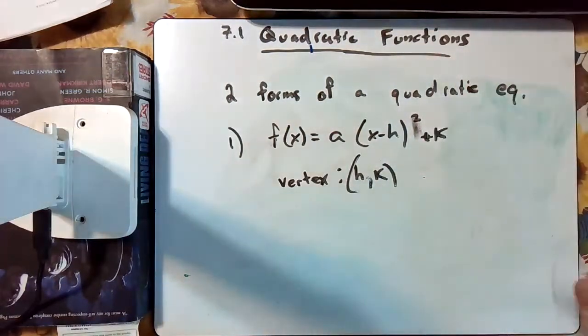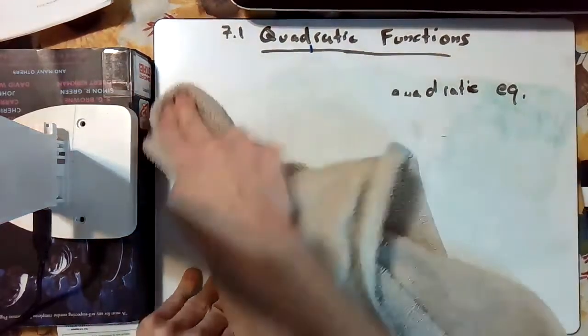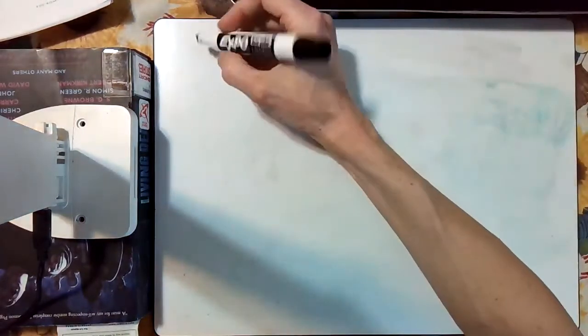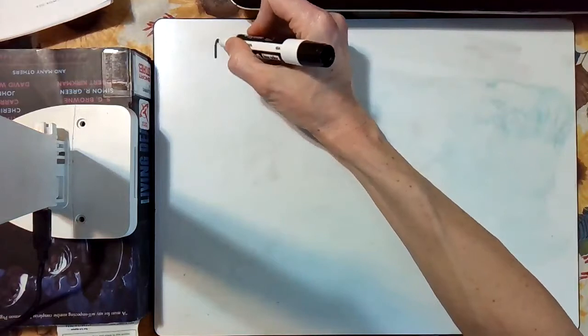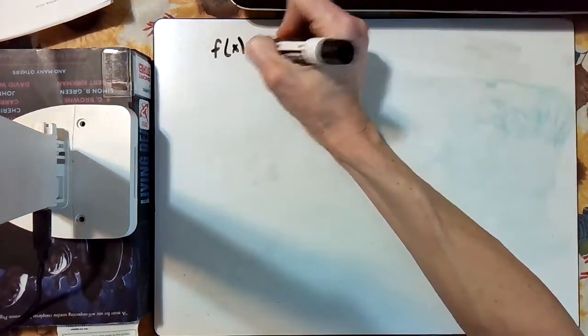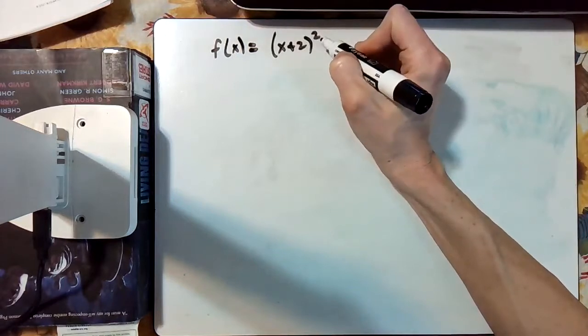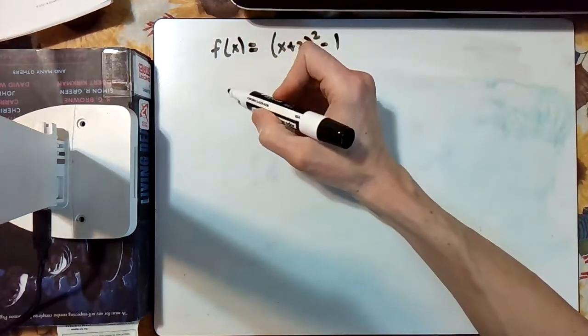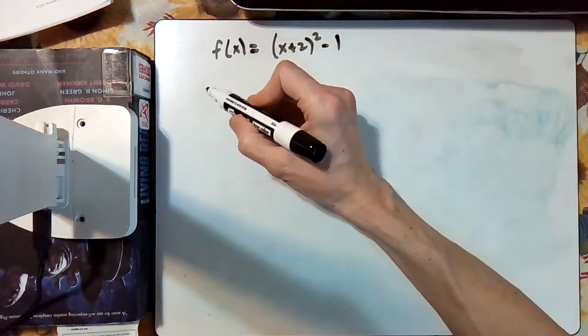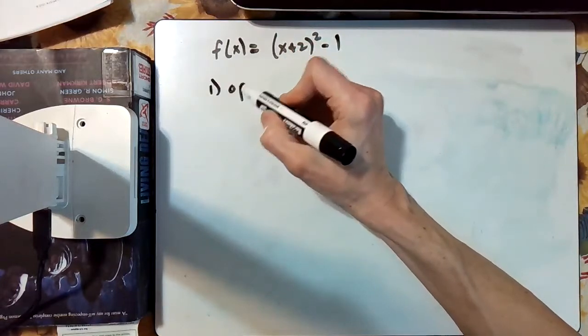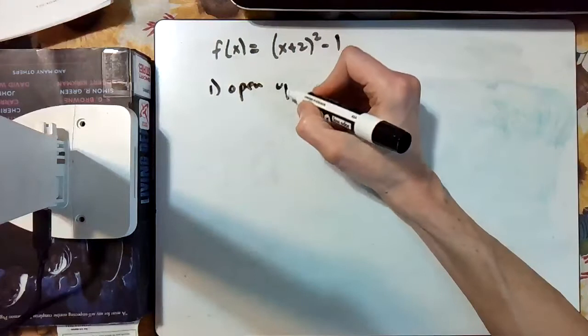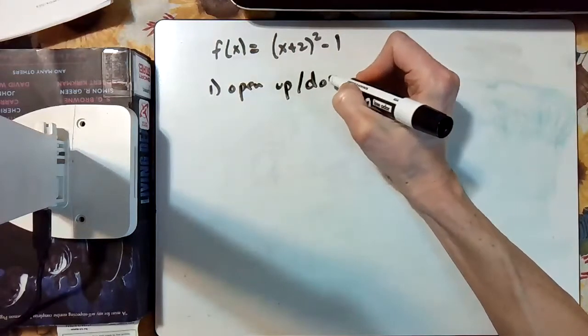Let's say we have f of x equals x plus 2 squared minus 1. And we want to figure out, does it open up or down?